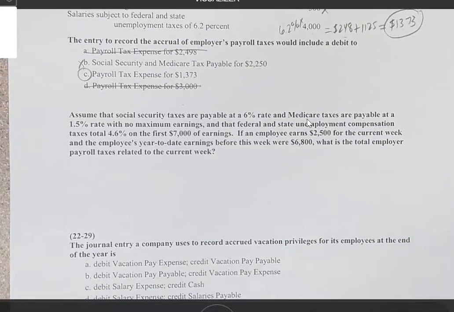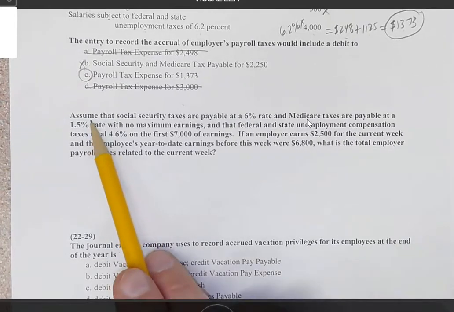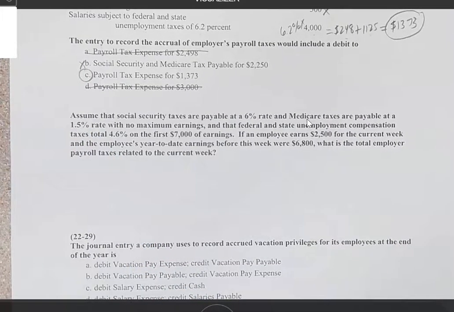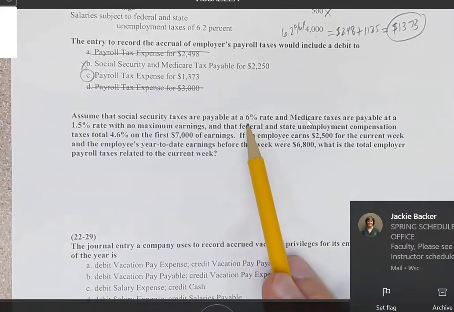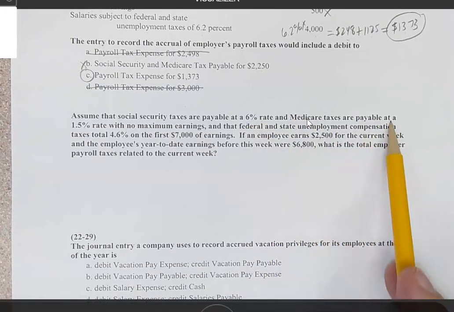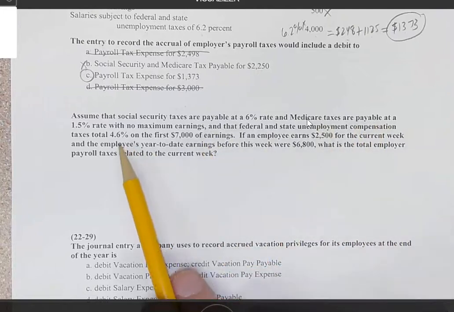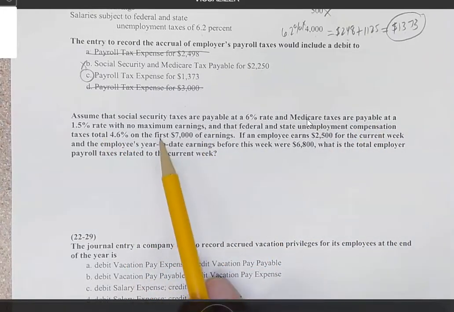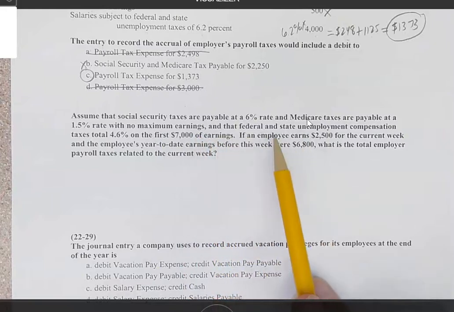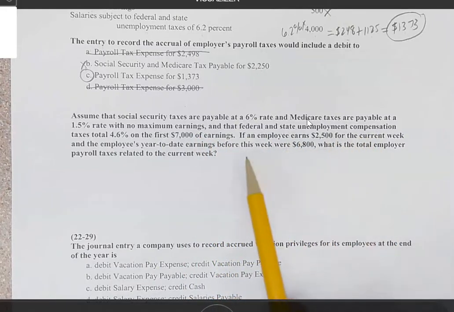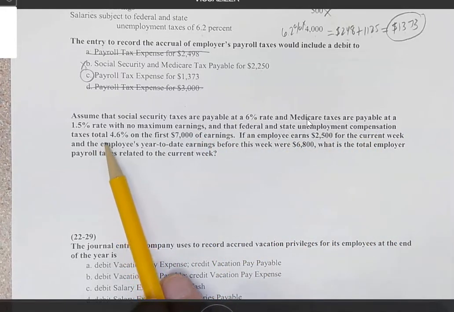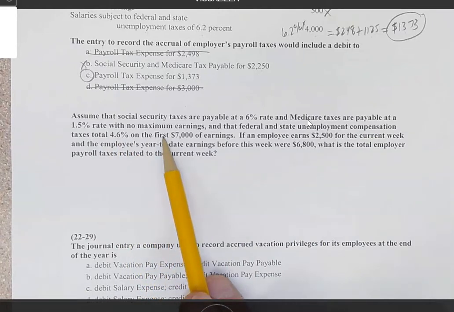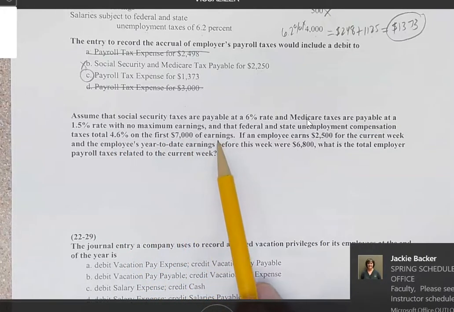Okay, so we got one more question here. It says, assume that Social Security taxes are payable at 6% and Medicare taxes are payable at a rate of 1.5% with no maximum earnings, and that federal and state unemployment compensation taxes total 4.6% on the first 7,000 of earnings.